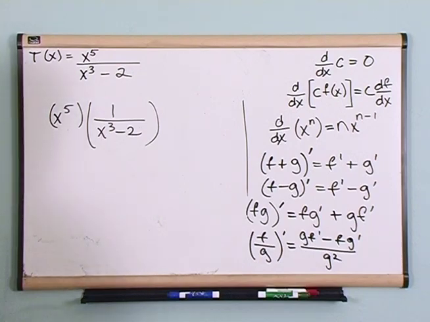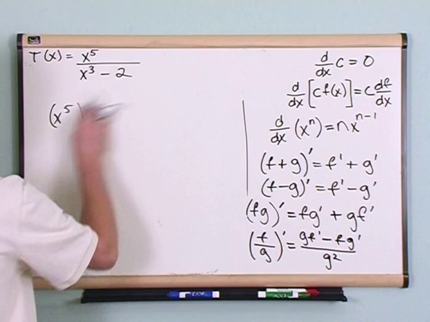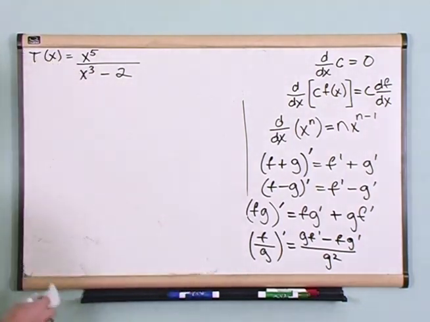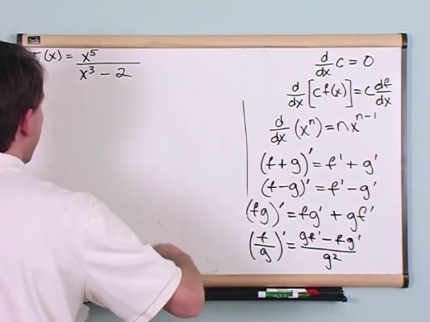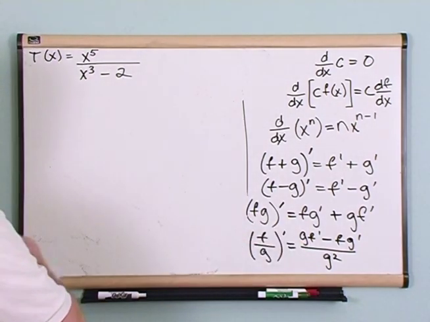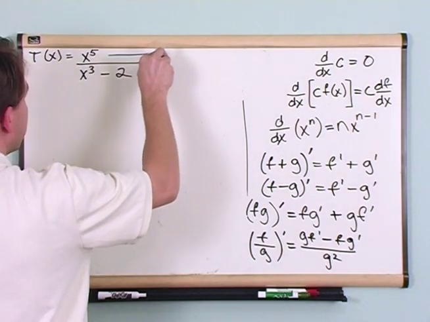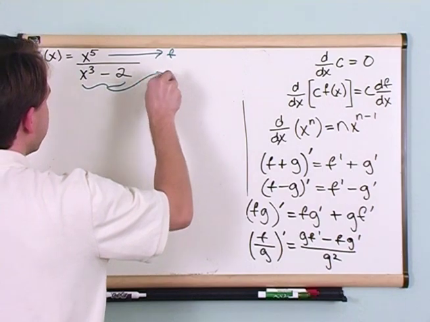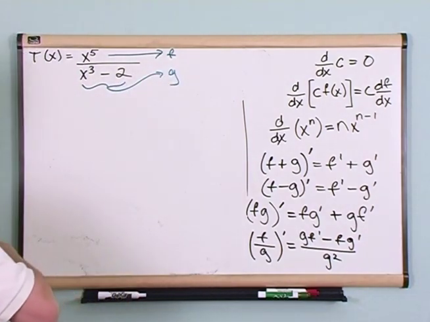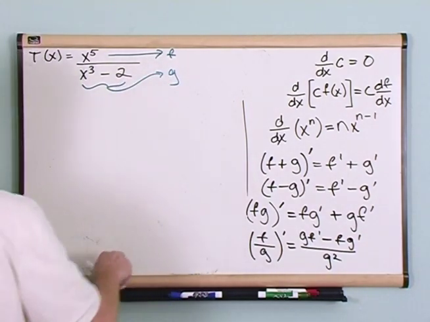And in fact, that's exactly how you derive this formula. If you go through that exercise, you'll get that answer down there. But we're going to use this one. And so what we're going to need to just recall then is this top function here, this is f, and this bottom function here, this is g. So as we go through it, we're going to have to remember that.